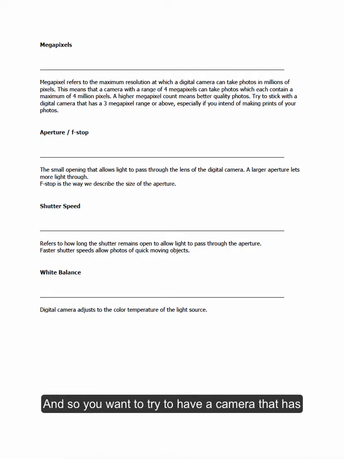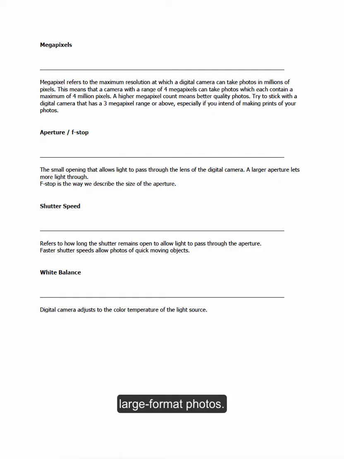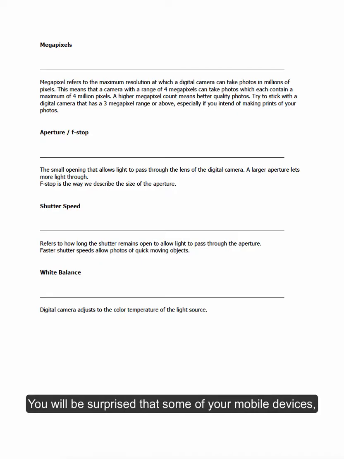You want to try to have a camera that has at least a 3 megapixel range or above. And this would be more important the higher you go if your intention is to print large format photos. You will be surprised that some of your mobile devices, your phones, will have a very high megapixel count.